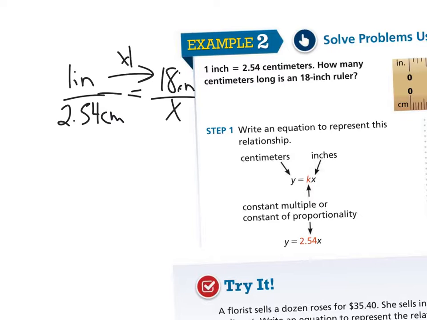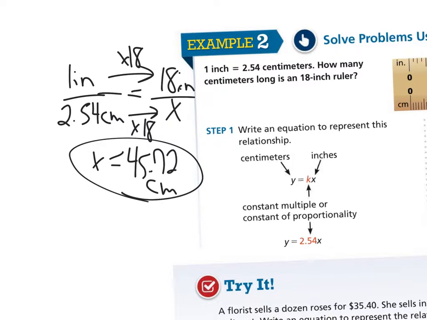We could just multiply by 18, work that out, get our answer, and we're done.